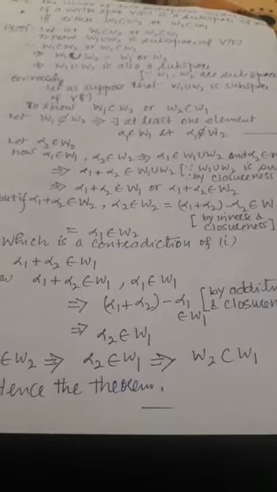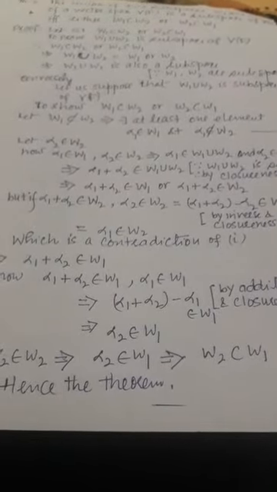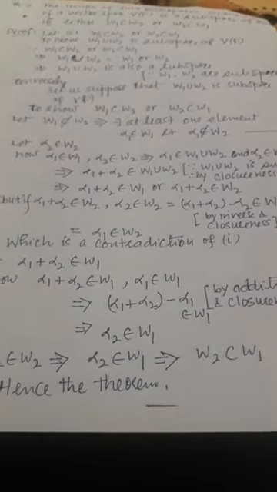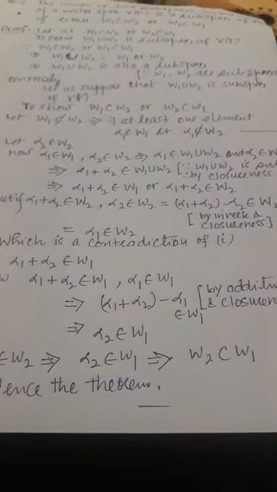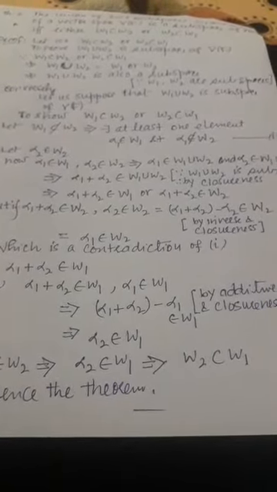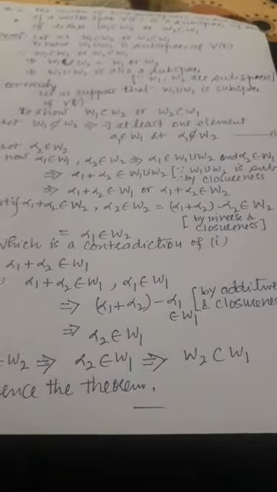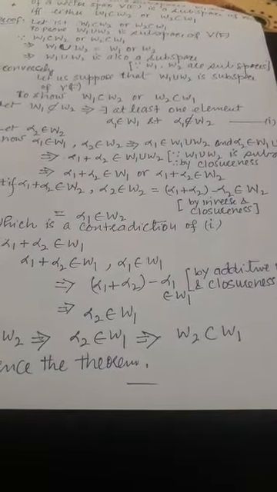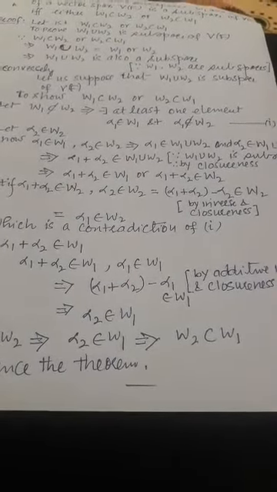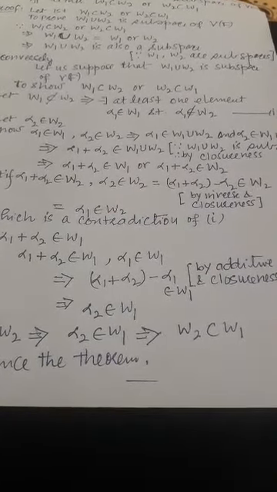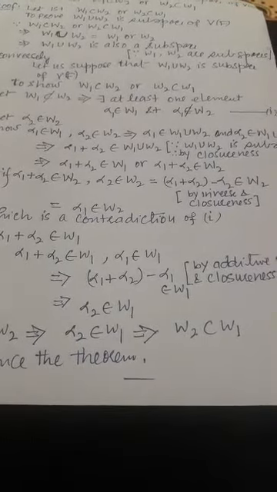But if alpha 1 plus alpha 2 belongs to W2, and alpha 2 belongs to W2, then alpha 1 plus alpha 2 minus alpha 2 belongs to W2 by closeness. So it implies that alpha 1 belongs to W2, which is a contradiction since alpha 1 does not belong to W2.